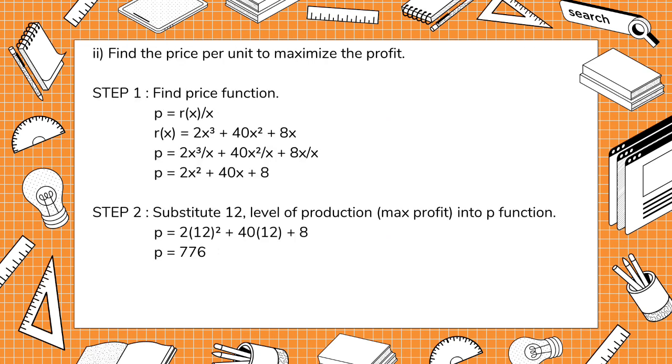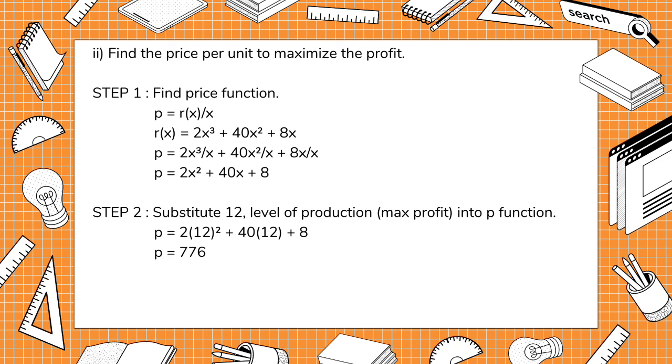For the last question, C2, find the price per unit to maximize the profit. Firstly, we must find the price function, R(x) divided by x, and after that, just substitute the given R(x) function into the price function, and we will get the answer 2x squared plus 40x plus 8.